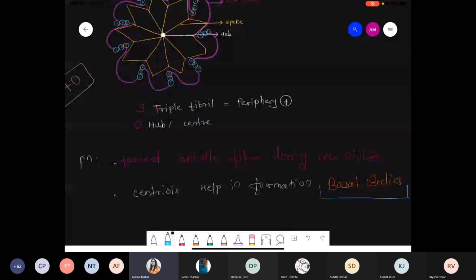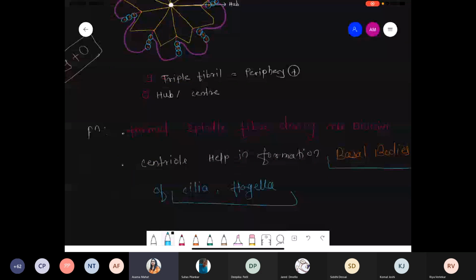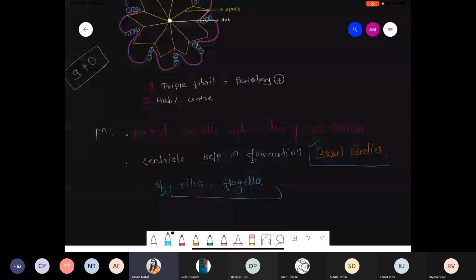Only the base of cilia and the base of flagella form with the help of the centriole. So these are the two functions of the centriole: forming basal bodies and helping spindle fiber formation. This part we will discuss in upcoming classes in the chapter cell cycle, cell division. Got it?